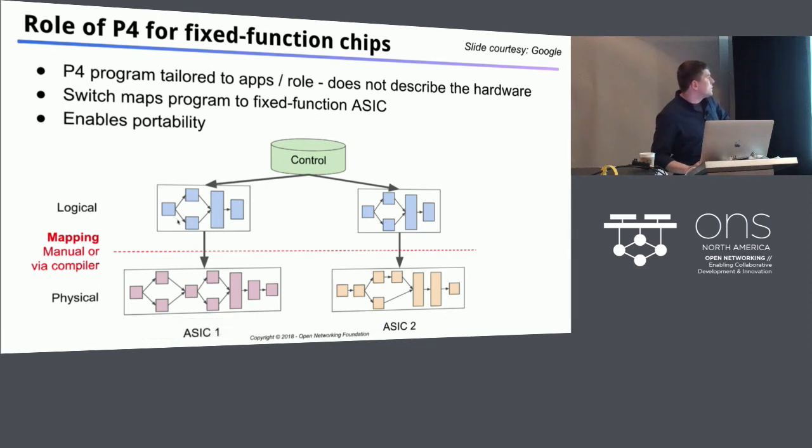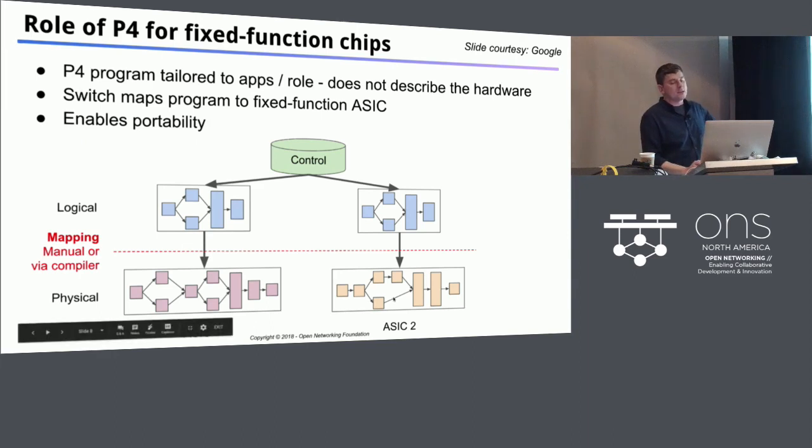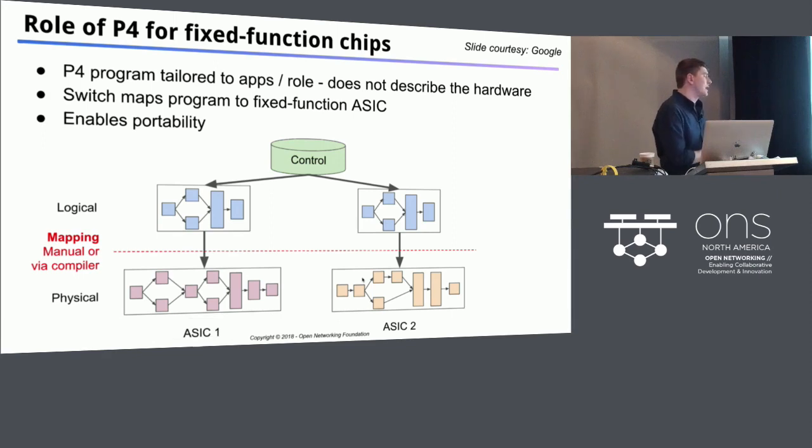And this allows you to basically have portability of your application on an infrastructure that is made of different hardware, different silicon. Like in this example in which we have ASIC 1 and ASIC 2, which are slightly different. But this difference is not exposed to the controller, which instead is able to control a logical view of these two pipelines.